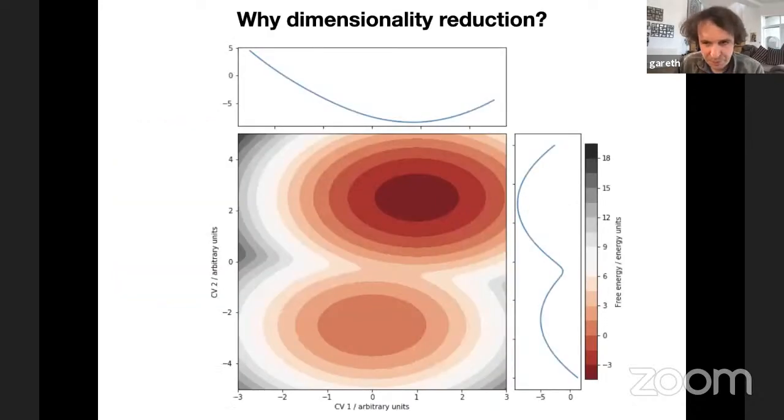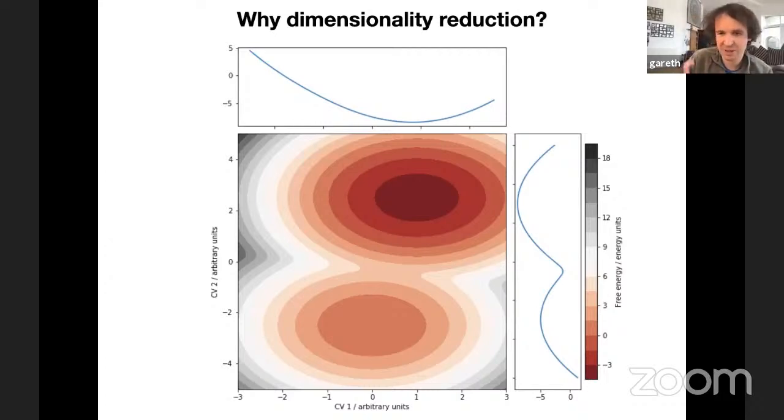So let's talk about why this idea of dimensionality reduction is connected to this question of what CV should I use. And what I've got here is an illustration of the sorts of problems that we solve when we do these molecular dynamics, metadynamics, or whatever it is.